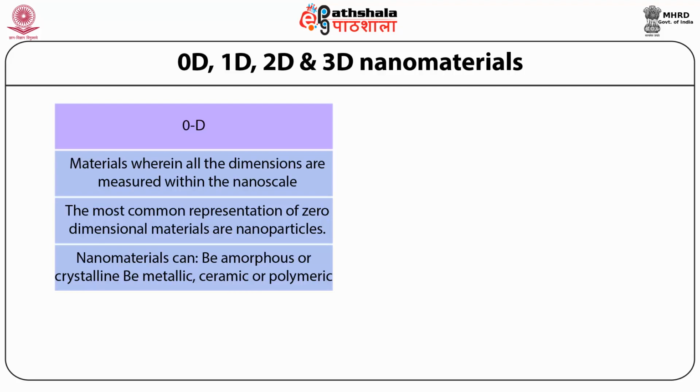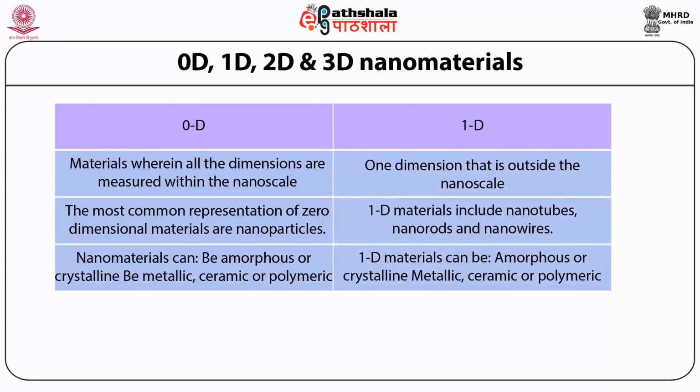Now let us discuss 1D nanostructures. For one-dimensional nanostructures, electrons will be free to move in one direction, while their motion will be restricted in the remaining two directions. The examples of such kinds of nanostructures are nanorods, nanotubes, nanofibers, etc. of different material.